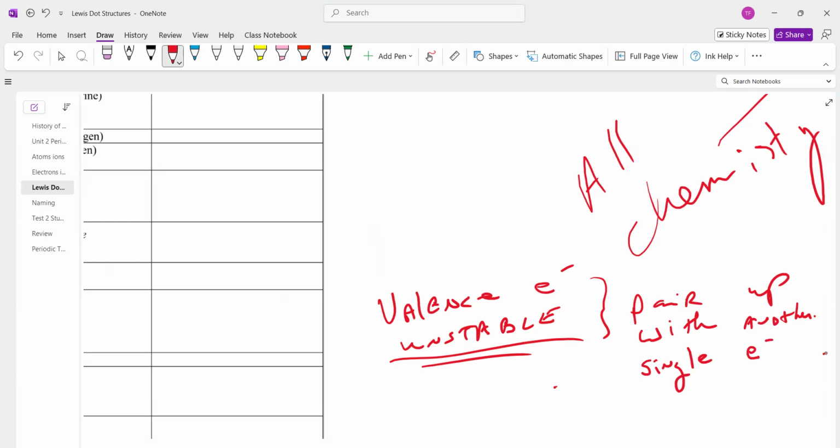I'm saying single electron because when these pair up, we've got to pair up from pair. Hence the word pair up is used a lot in chemistry.